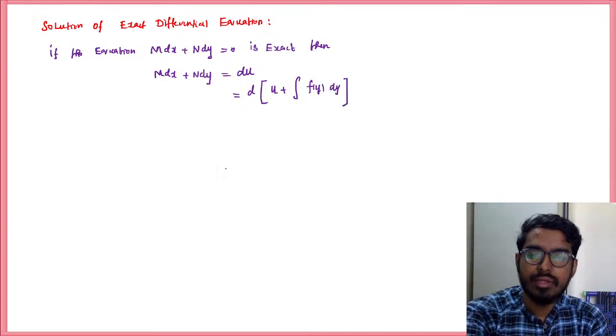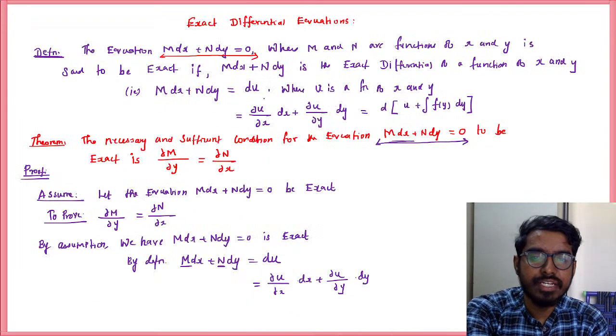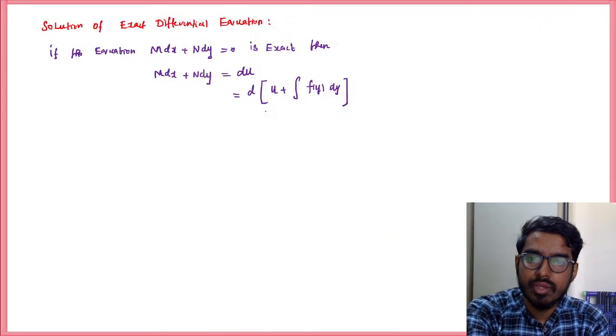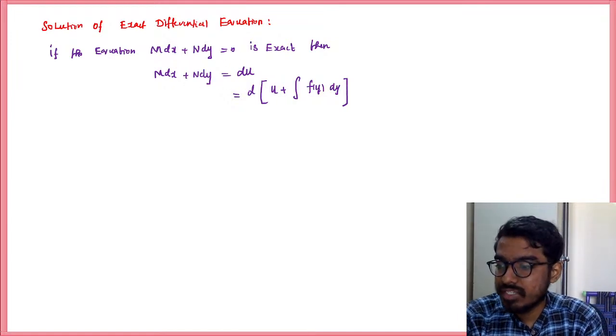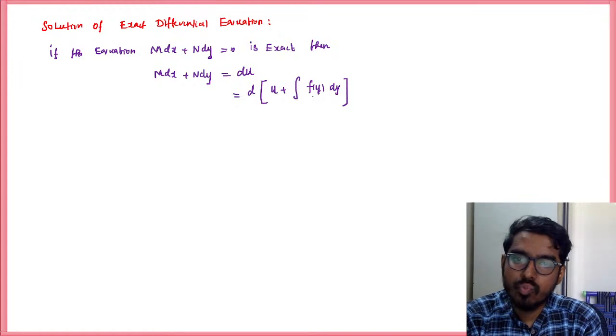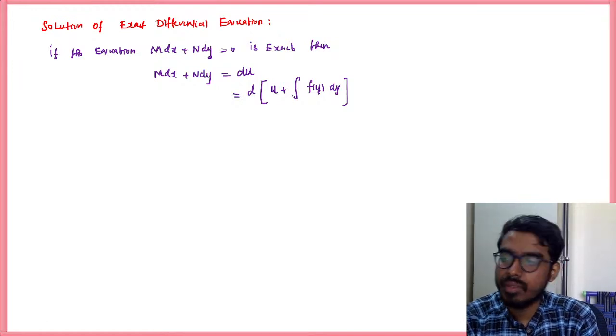This we know, both are the same. By definition, all three are the same. So M dx plus N dy is equal to 0 is exact if M dx plus N dy is equal to d of u plus f of y dy.